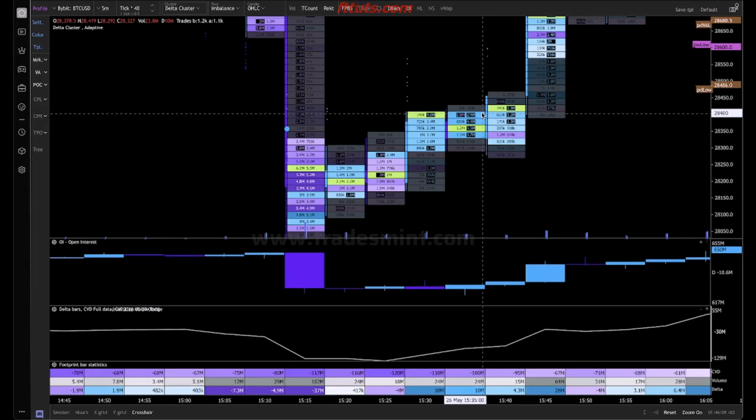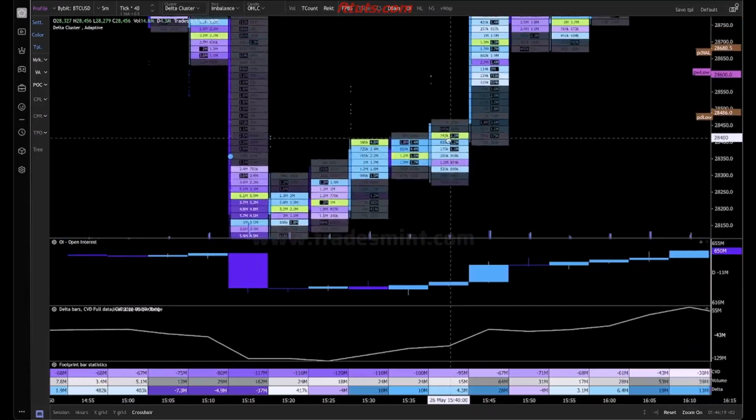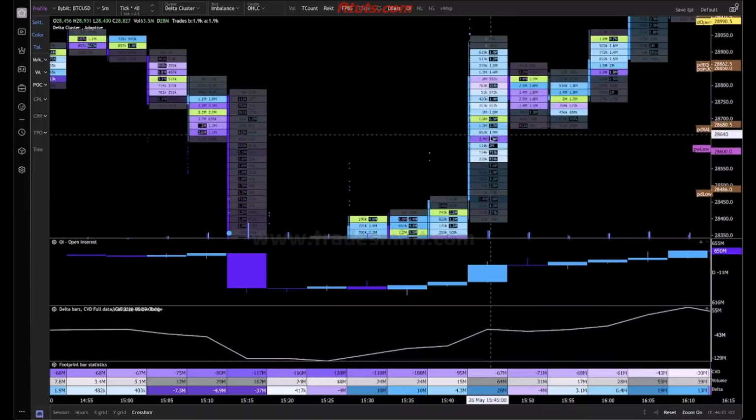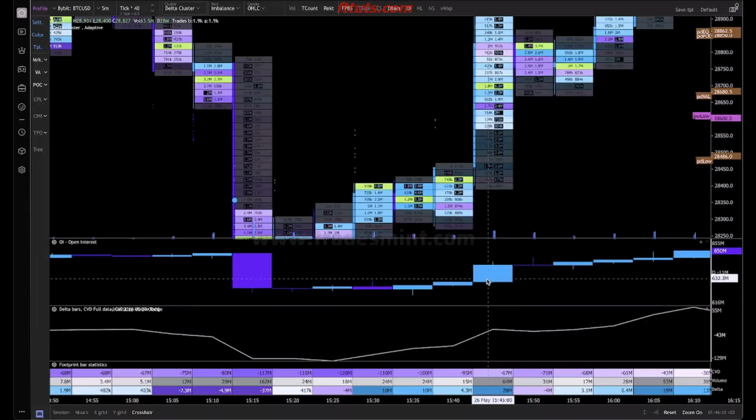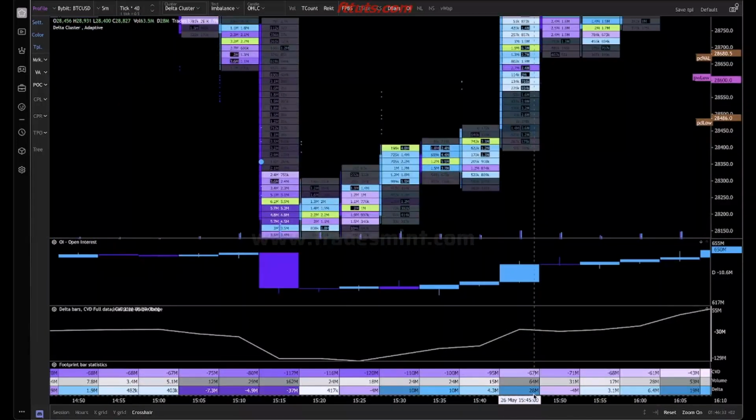And then what you really want to see is new longs opening with buying imbalances and a lot of volume, and this is exactly what we got here. You can see all of the buying imbalances are increasing, which means new positions. And then on the FPBS we can see 28 million.